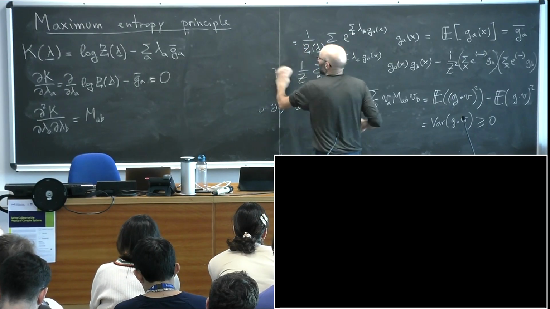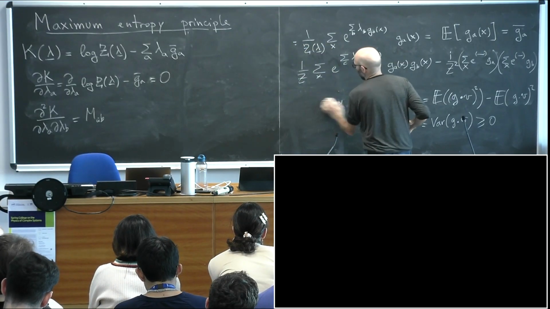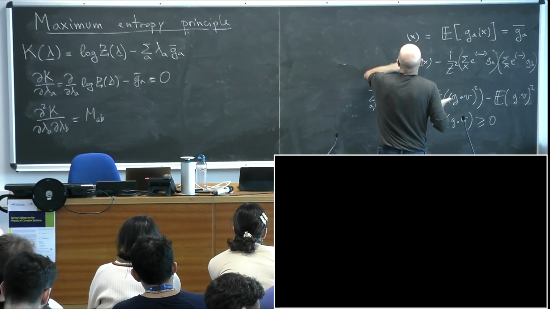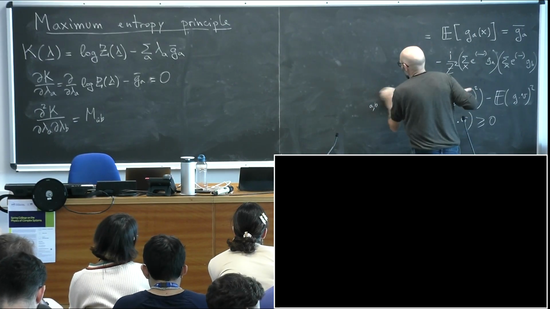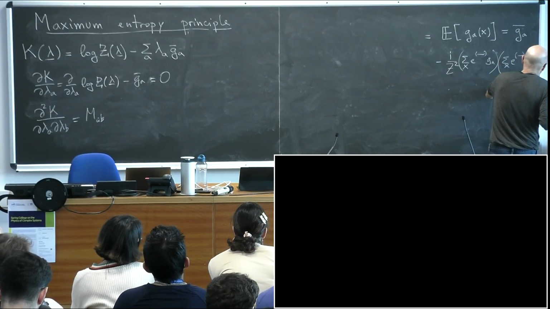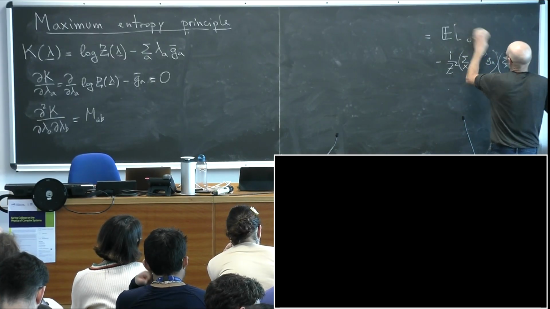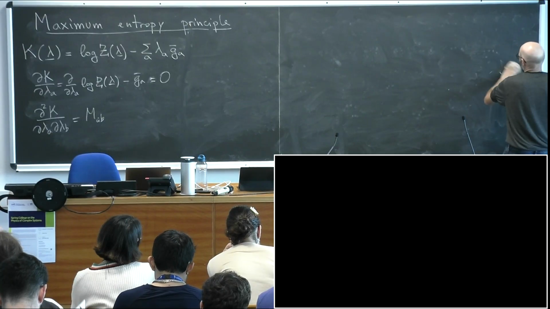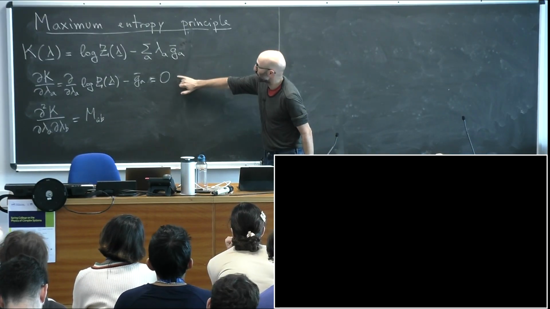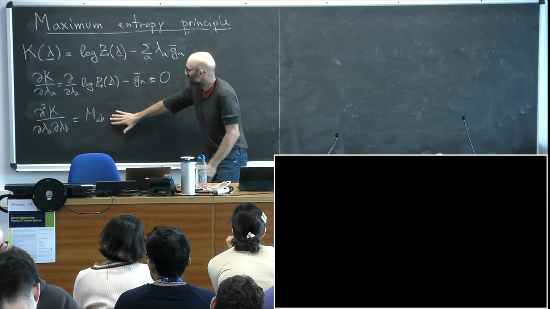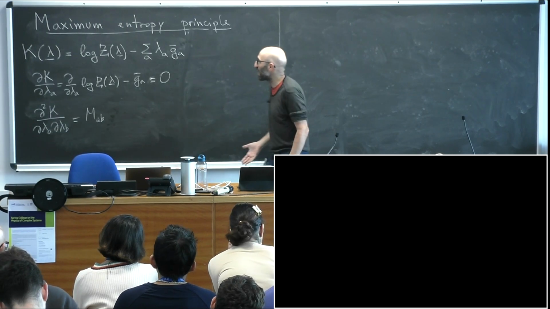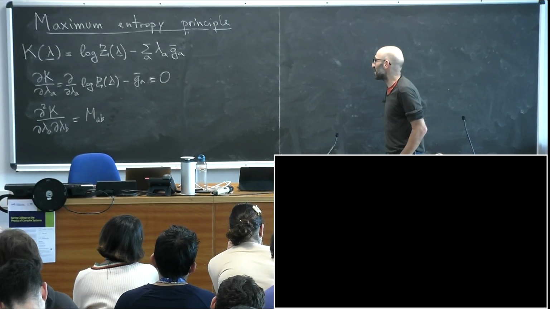In order to find the lambda, we have to find the stationary point of a function whose second derivative is always positive. So we have to find the minimum of this function, and this minimum, because the function is convex, is unique. So we find the point where the derivatives are 0, knowing that the matrix of the second derivatives is a matrix of covariances, so it's a positive definite matrix.